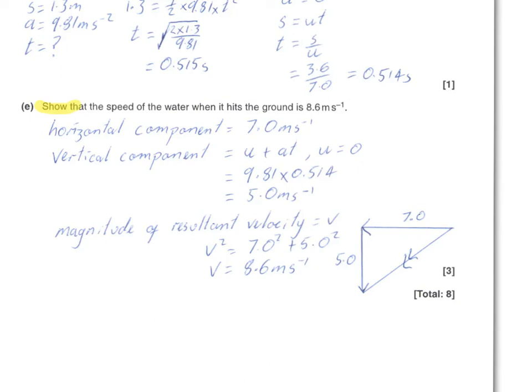But in that situation, you would have a u of 0. So it would just be v squared equals 2as, and you could work out the v from there. One way or the other, you do end up with 8.6, and I think that's probably the clearest way of doing it. So that was G481 Homework Booklet question 28. No, it wasn't 26. Sorry about that.